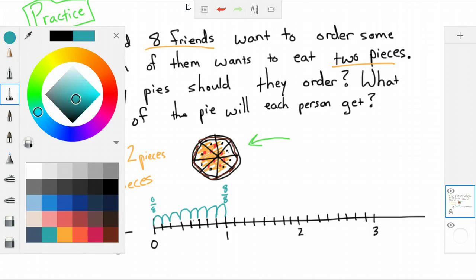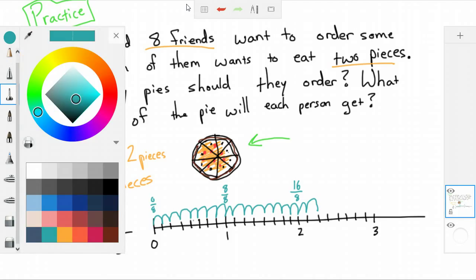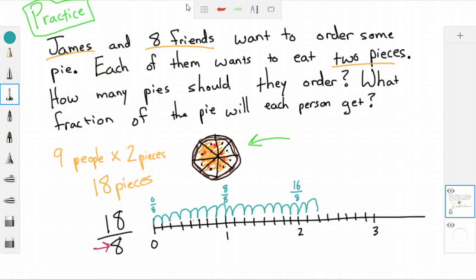8 eighths, 9 eighths, 10 eighths, 11 eighths, 12 eighths, 13 eighths, 14 eighths, 15 eighths, 16 eighths. Not quite there yet. 17 eighths, 18 eighths. So right here is where I want to be. I've got 18 eighths, which is right here.